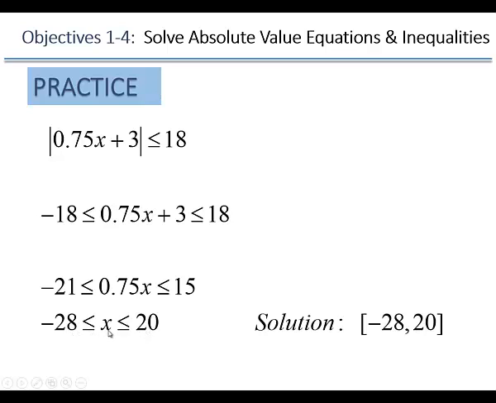And it turns out x needs to be between negative 28 and 20. And so our solution region will be the closed interval, negative 28 to 20, where we can include both endpoints on that. The thing to notice here is, though, we're talking about a distance less than some amount, and so we have a single region somewhere in the middle of the number line.